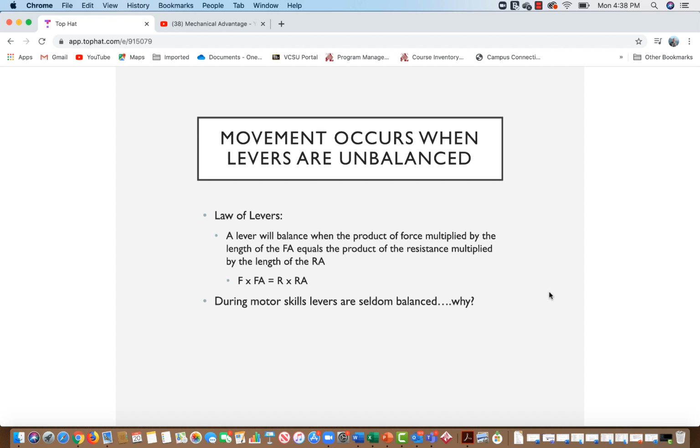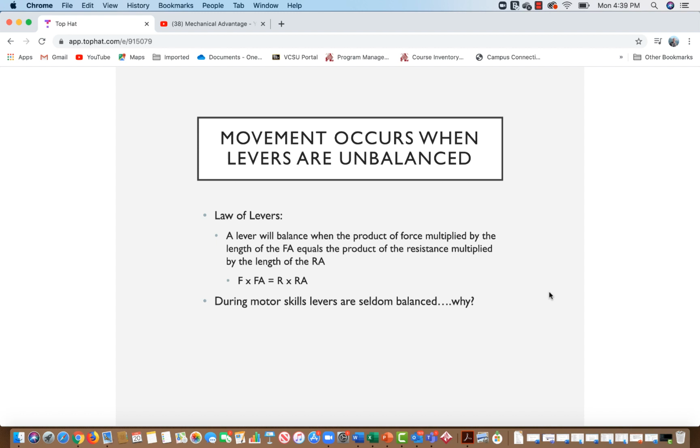And so what we use to compute a lot of our math formulas or equations concerning levers is a formula that we call the law of levers.